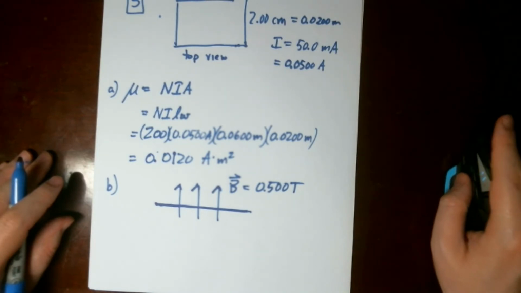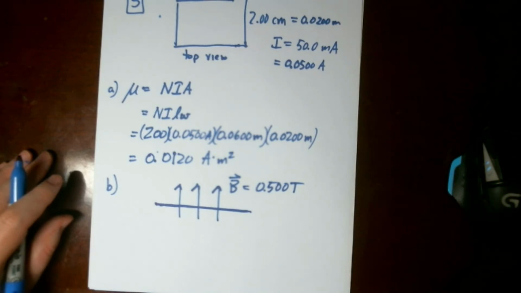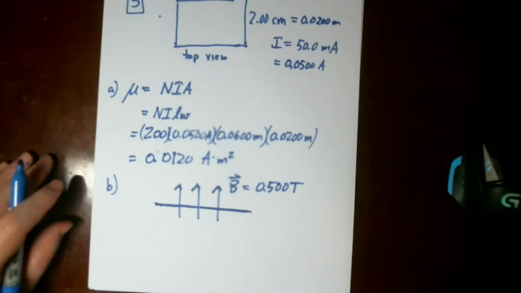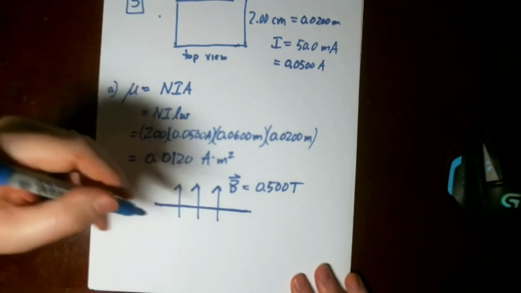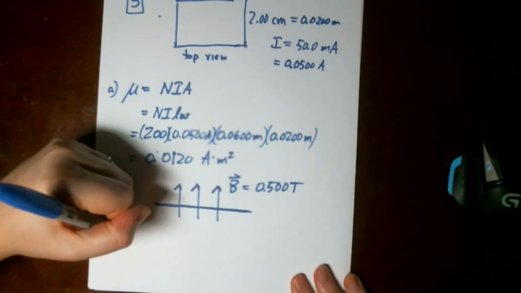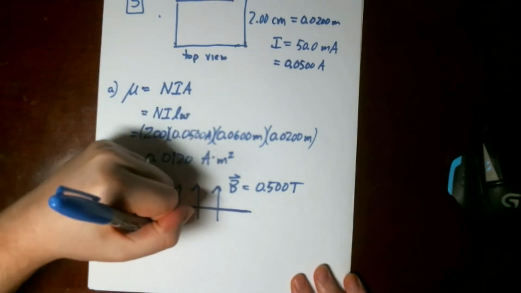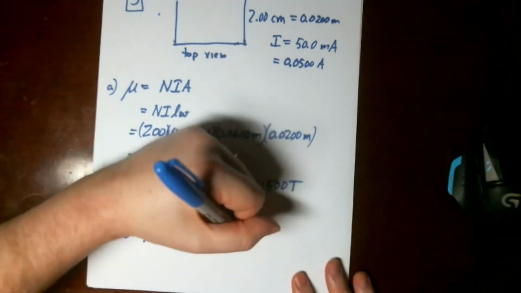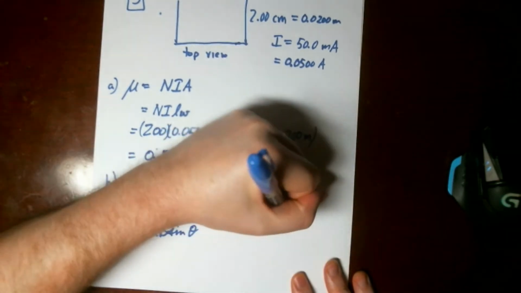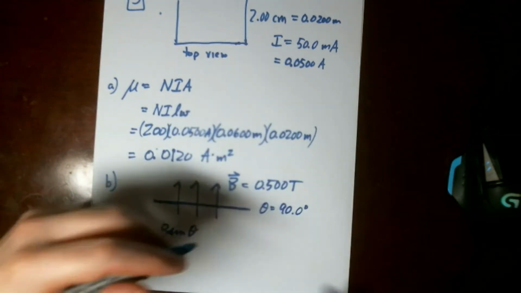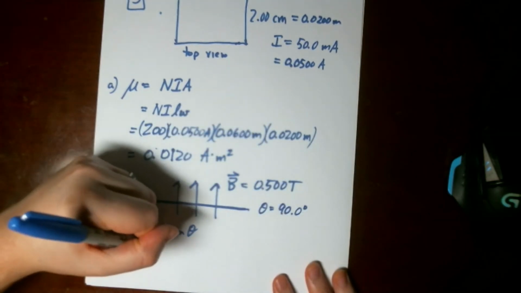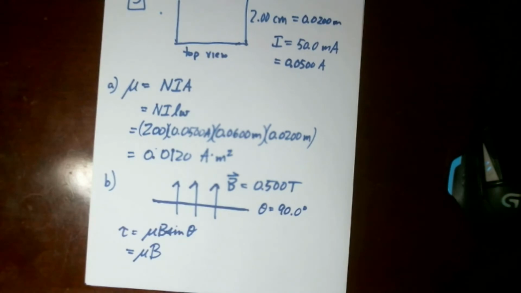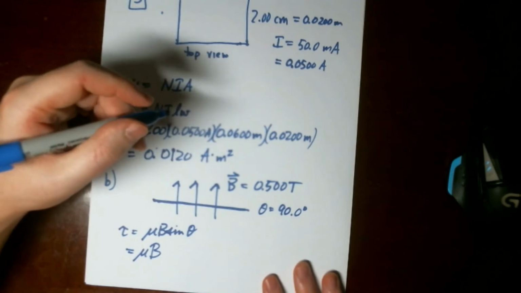So the torque between the magnetic field and the magnetic dipole moment is going to be mu B sine theta. Now, because it's perpendicular, theta equals 90, so sine theta is 1, so it's just going to be the magnetic moment times the magnetic field that's going through it.